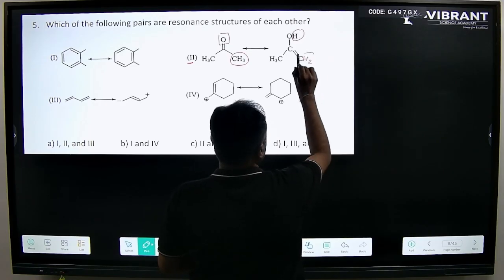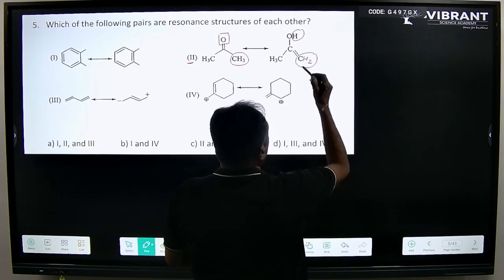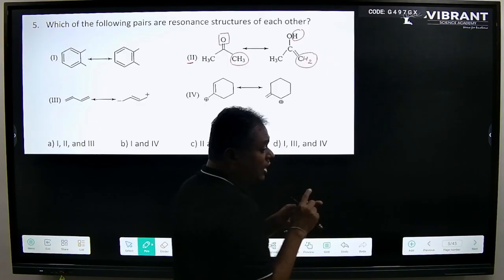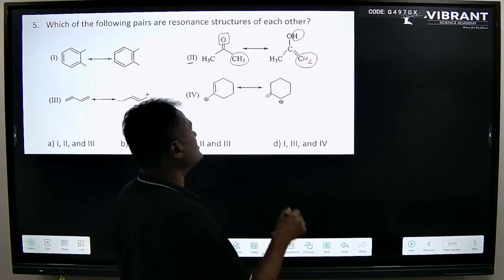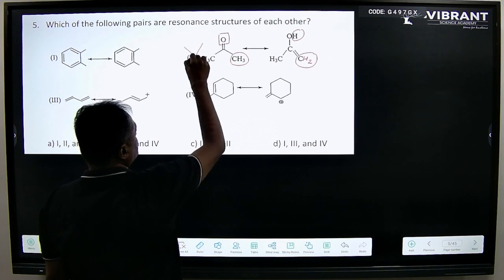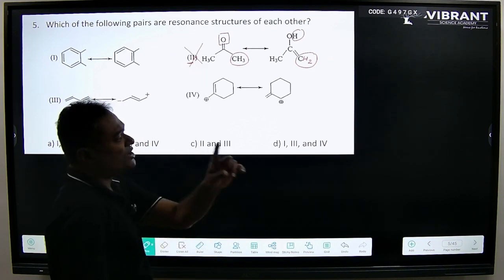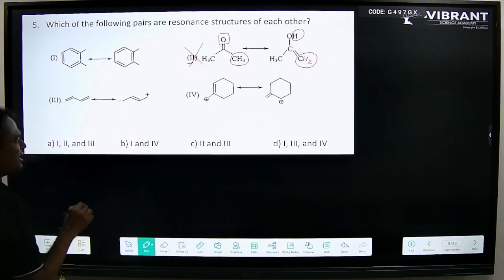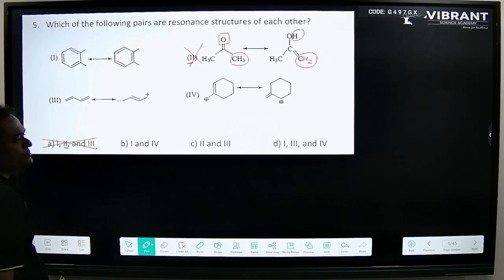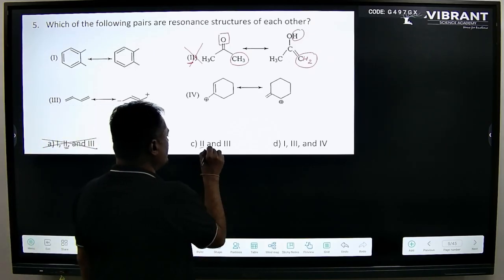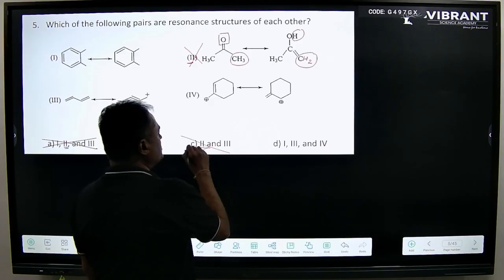So, you can see that one of the H has been shifted. So, over here an atom is changing its position, so it is not a resonance. That means the second is not a resonating structure. So, wherever there is a second, cut it. So, this option is not possible. Even here also you can see the second, again this option is not possible.